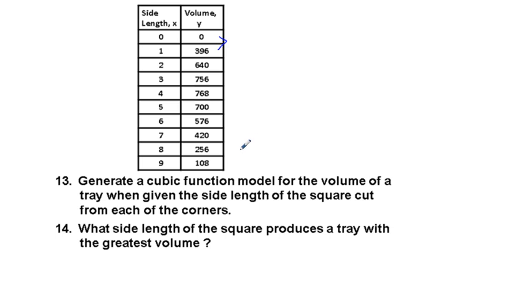So we take 396 minus 0, so that's going to be plus 396. We definitely want to get our little calculator for this one. We have 640 minus 396. So we get 244.